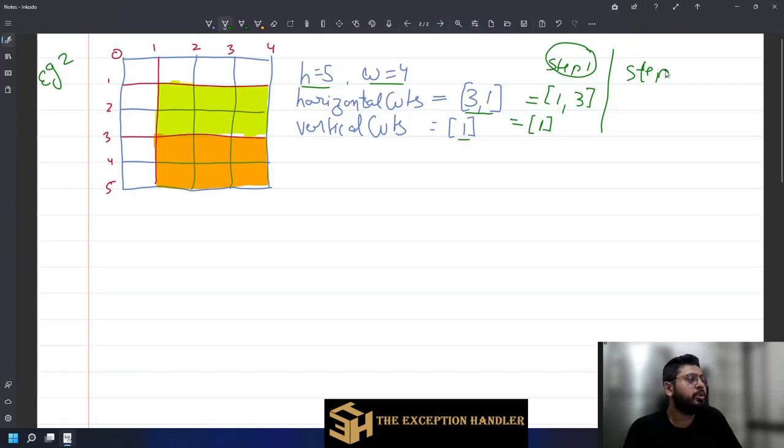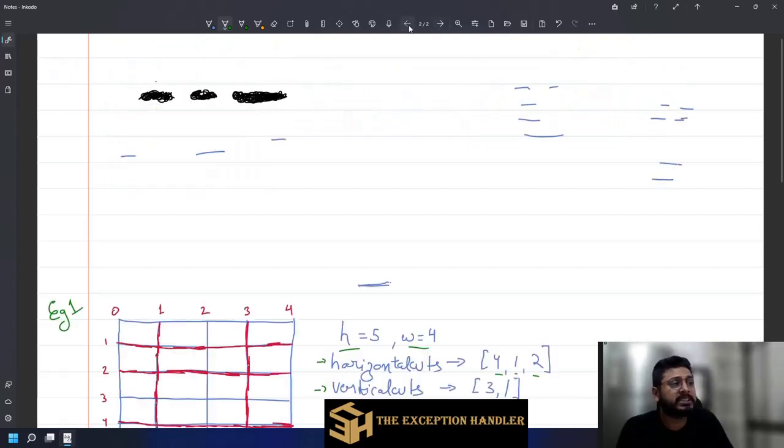After step 2, what would happen to my array? In horizontal cuts, I would add the height of the cake, and in the vertical cuts, I would add the width of the cake. So over here, 1 comma 3 comma 5, and then this would become 1 comma 4. So this is my new array. Now with this new array, I start finding the difference, because that's my third step.